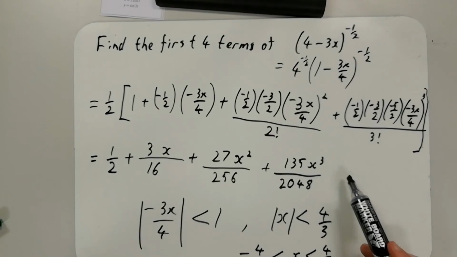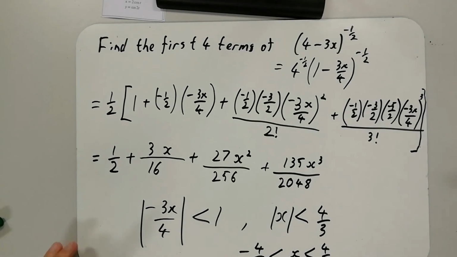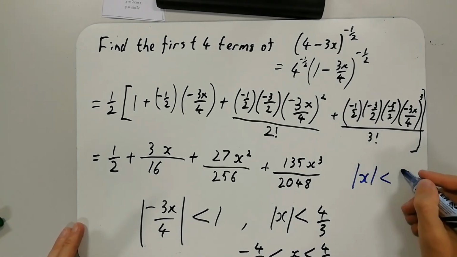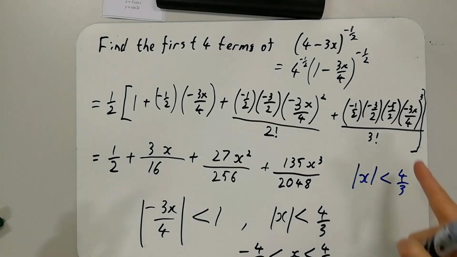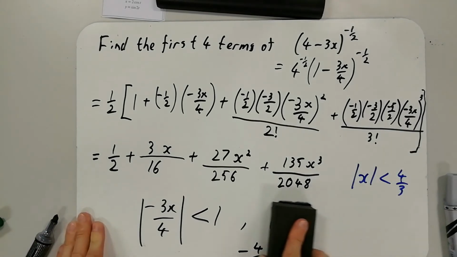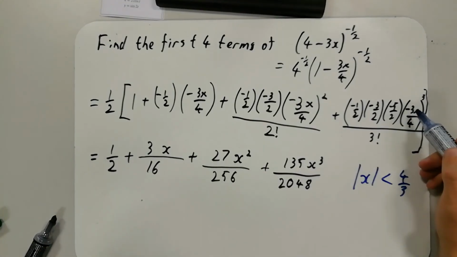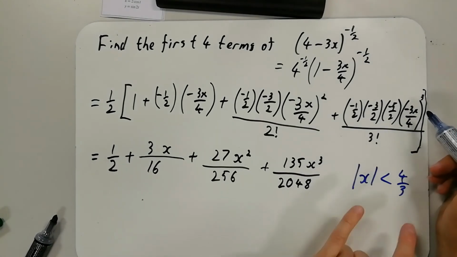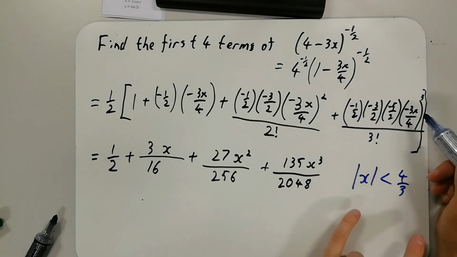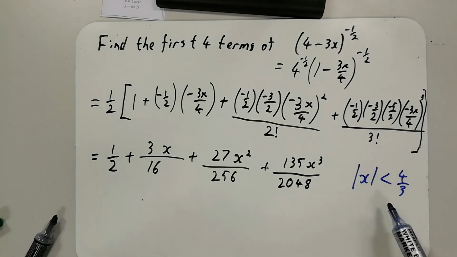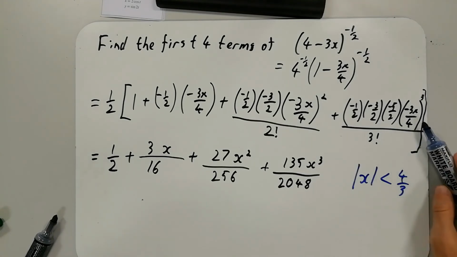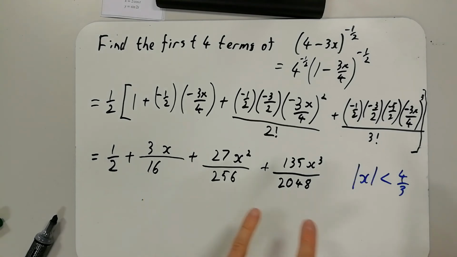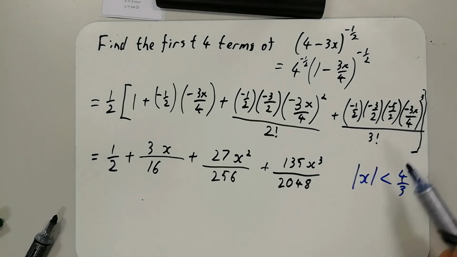So what we'd say is this expansion is only valid for modulus x less than 4/3 because I'm ignoring all of those higher powers of minus 3/4 x. I can only do that if they're vanishing down to 0. They will only vanish down to 0 if it's less than 1. Okay, so when that there is less than 1, higher powers will eventually disappear, therefore I only need to consider the first few. We see that that's only valid for x is less than 4/3. That's how we do binomial expansion at A2.